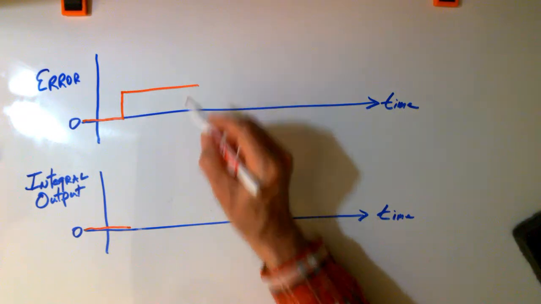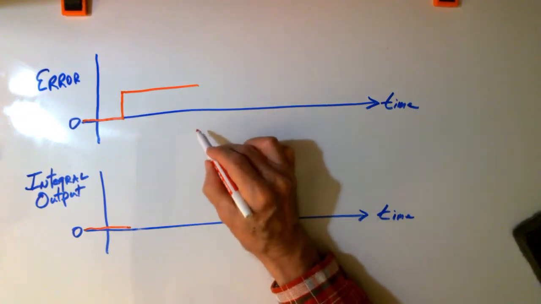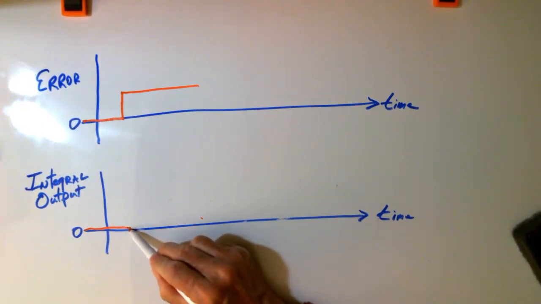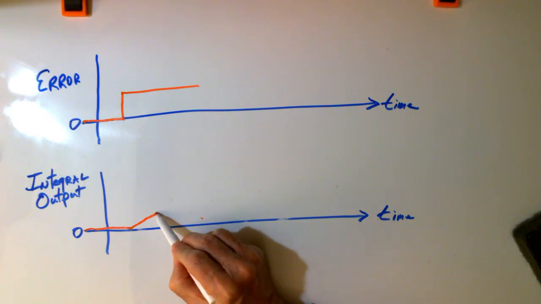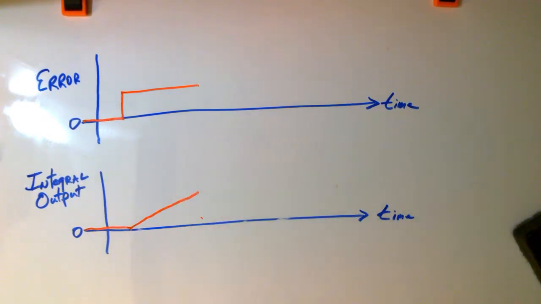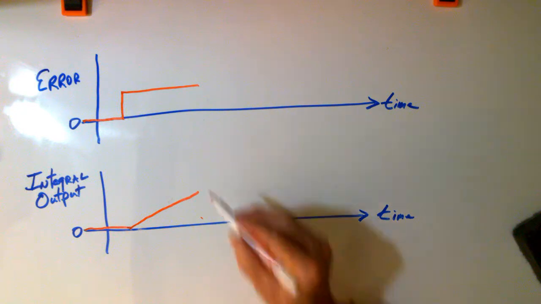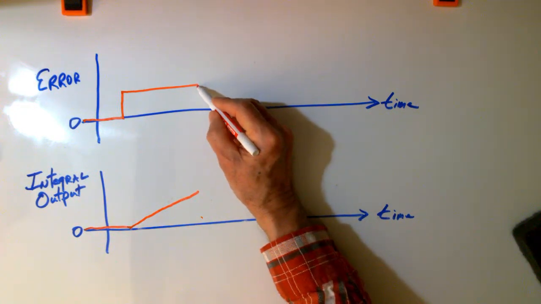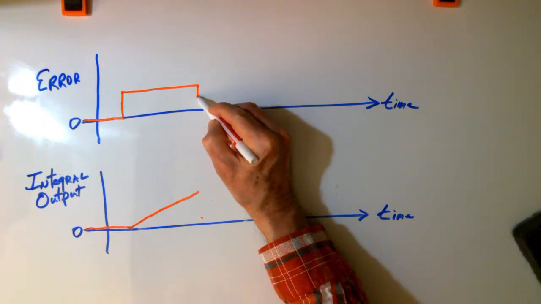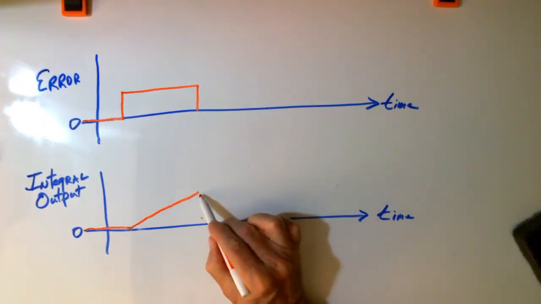What will happen is the integral will start to change. It will keep on climbing, and keep climbing, pushing the valve either closed or open, whatever it has to do, until this error drops back to 0, and then the integral will stop changing.